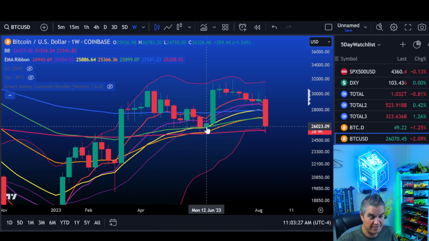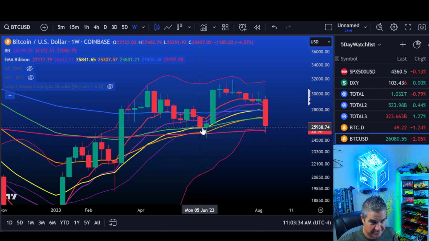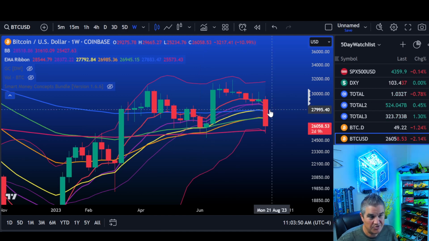You can color it whatever color you want. Side note, bonus tip of the day: the 21 EMA on any time frame, it might be arguable, but in my opinion that's the most important, at least for Bitcoin. Go back and look at Bitcoin on pretty much any time frame, weekly or daily, going back all previous bull runs, that's where it holds. If it closes below that, that's where the trouble starts, really.